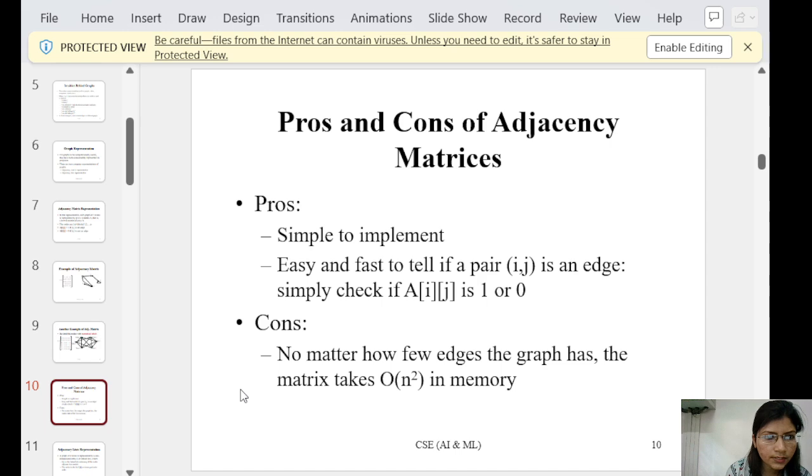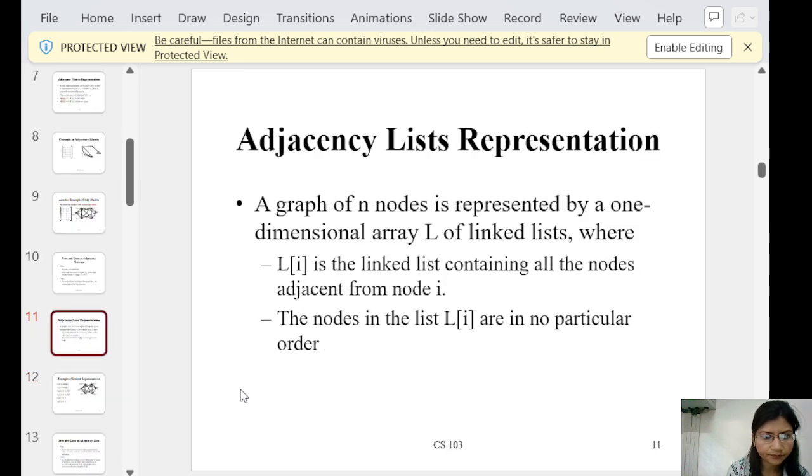Pros: simple to implement, and easy and fast to tell if a pair (i, j) is an edge. Simply check if A of i, j is a 1 or 0. Cons: no matter how few edges the graph has, the matrix takes n squared memory.